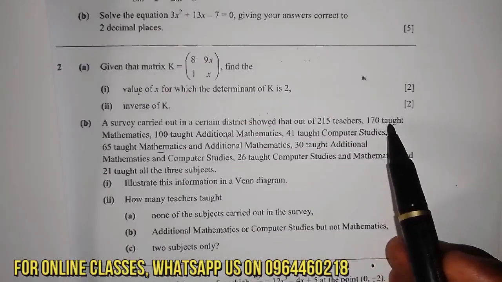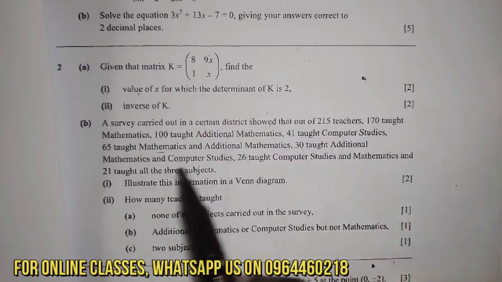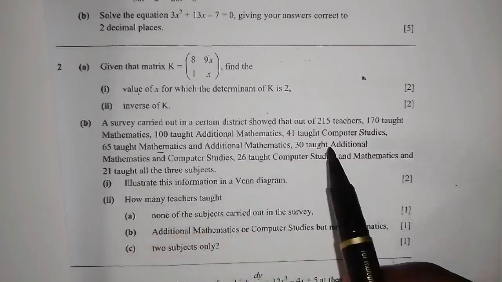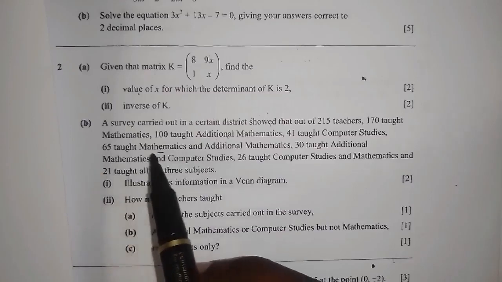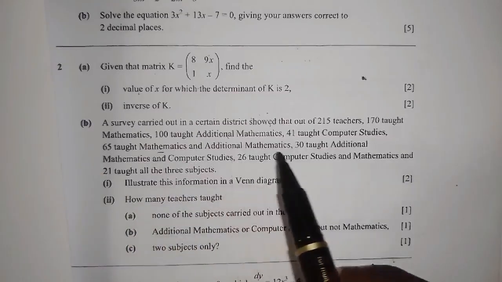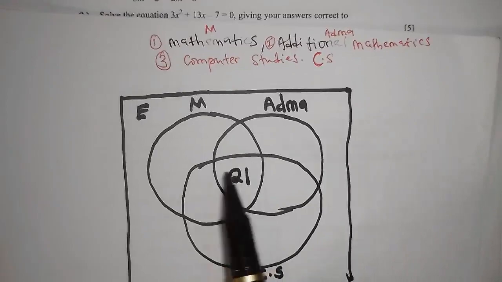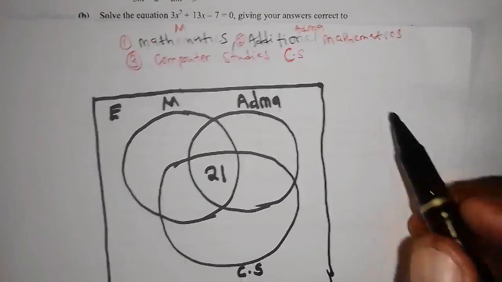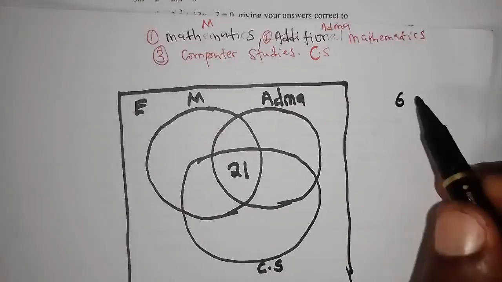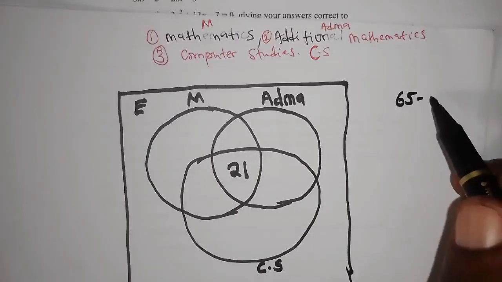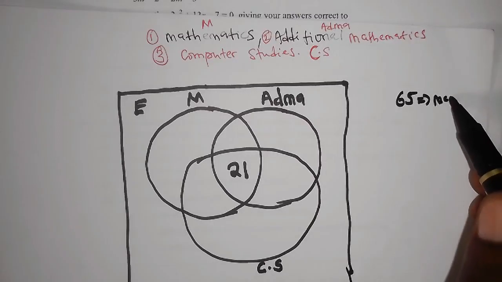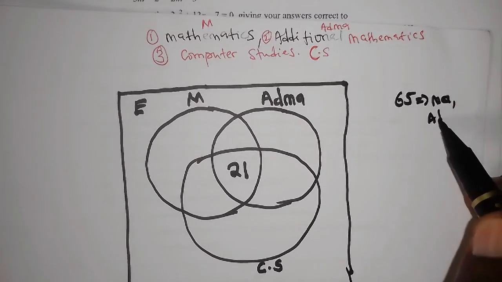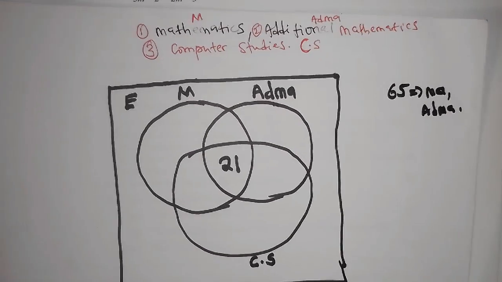From there we can go back to the question. They are saying 170 taught that, but the important thing is to go where you have some teachers teaching two subjects. On this one, 65 taught mathematics and additional mathematics.